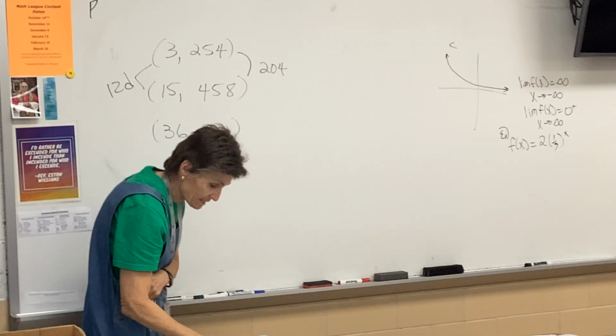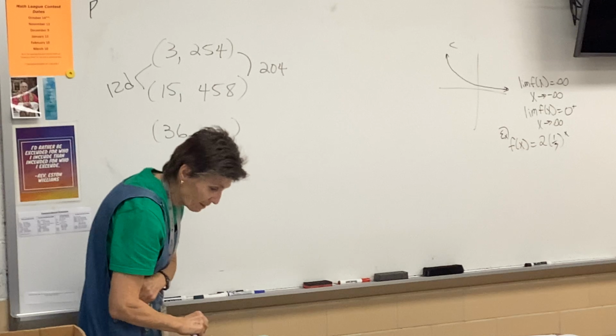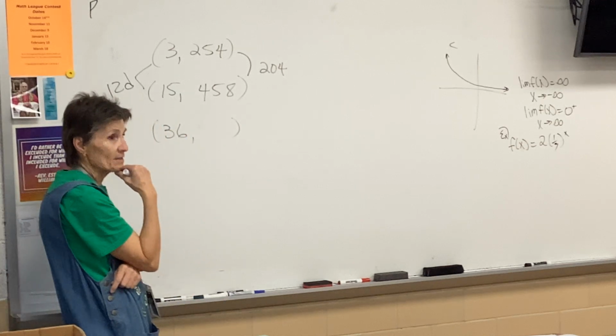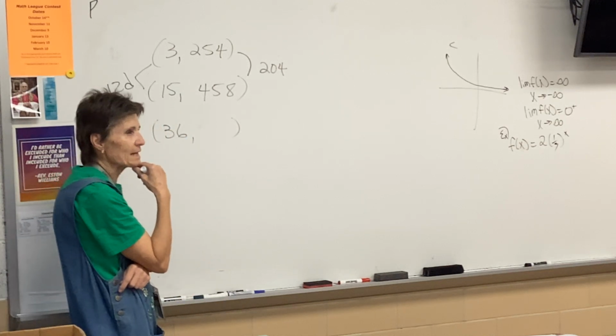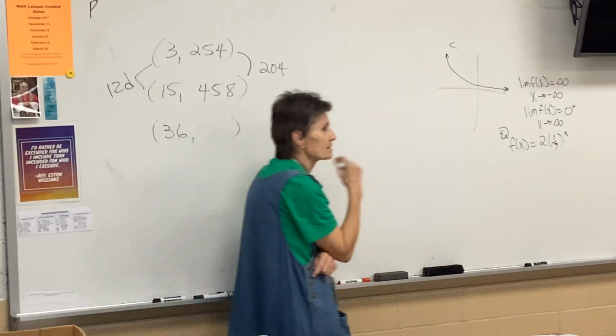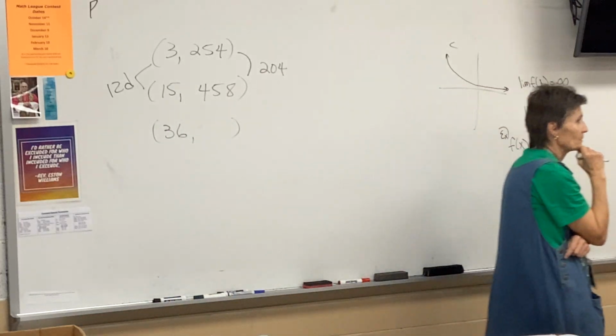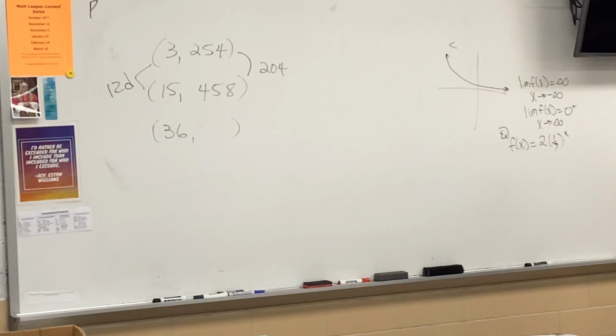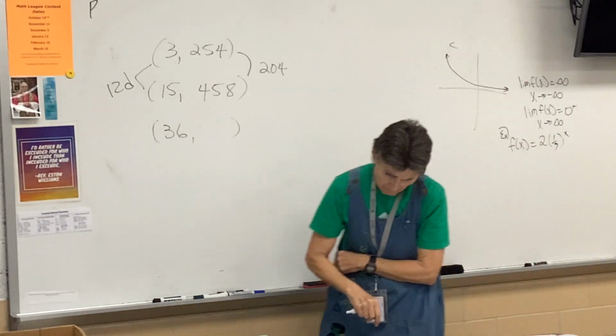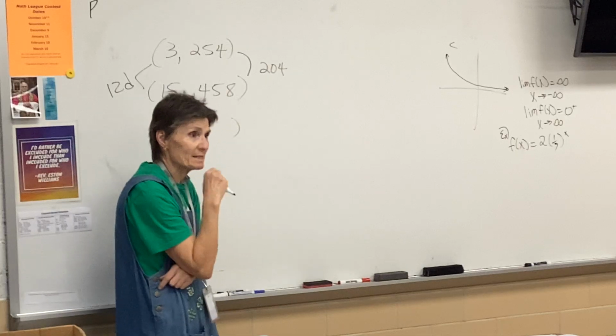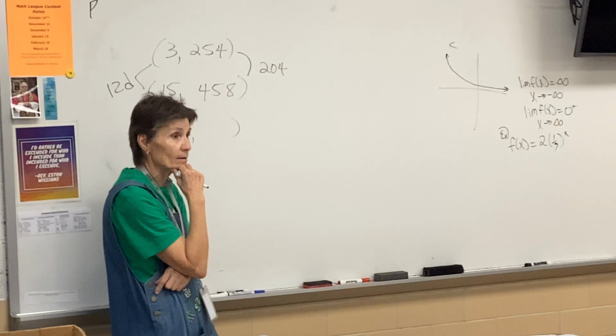Which means my steps must be 17 big. What does that 17 represent? 17 what? 17 meals per week? Is it per day or per week? Per week. We're going up by increments of 17 each week.